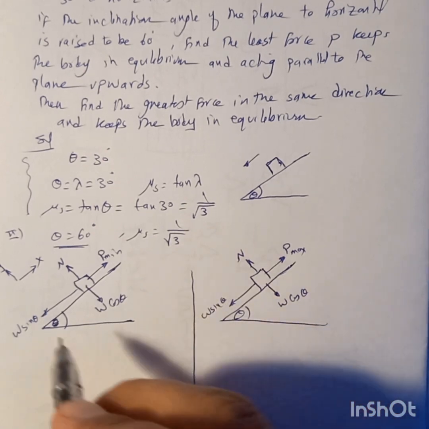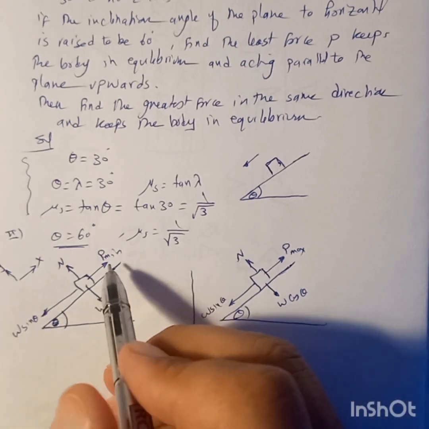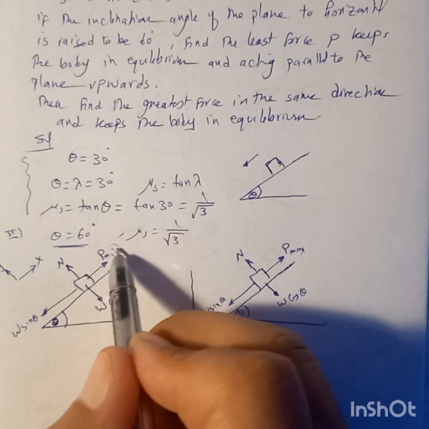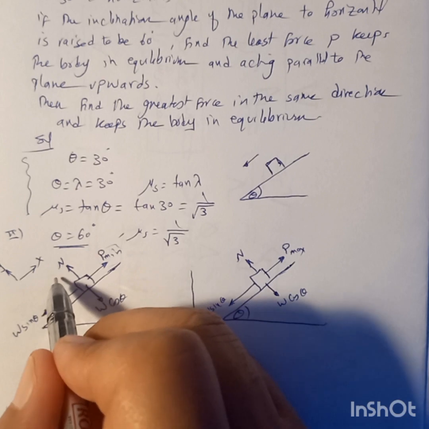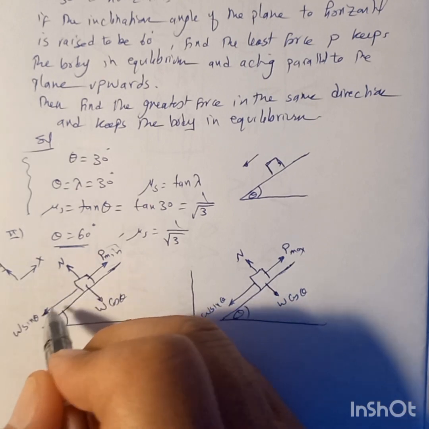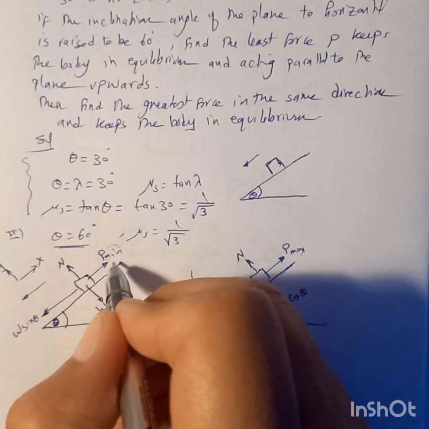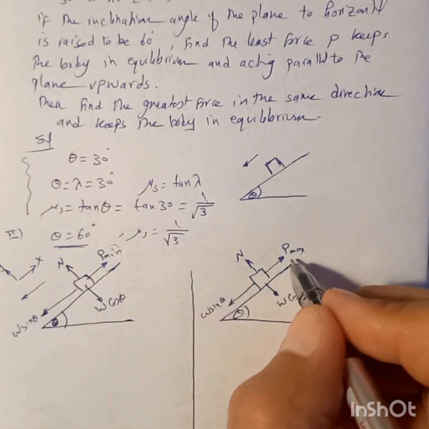Then secondly we have to find the expected motion direction. Here you have to know if we need to find P minimum, minimum means that the body is about to slide downwards. So the expected motion direction is in this direction, if we need to find P minimum.